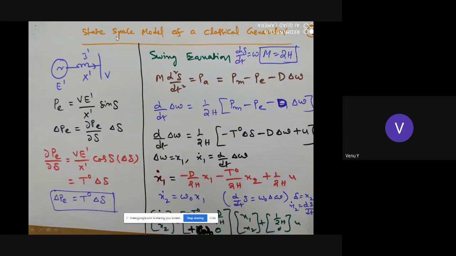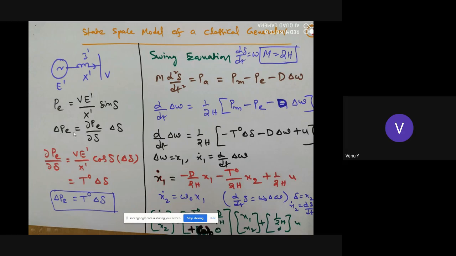After that, let me explain the state space model of a classical generator. So here the generator is supplying the infinite bus. In the classical model, E dash is the generator voltage, X dash is the reactance of the generator, V is the terminal voltage, and P equals V E dash by X dash into sine delta.